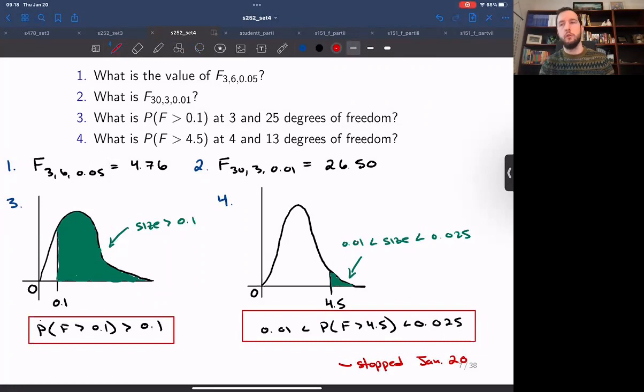Oh, for question 4. Yeah, they're always supposed to be right skewed. The F curve is always right skewed, at least the way that we're going to visualize it. There are examples where you get it further out where it would look more normal, but it's still supposed to be a right skew.